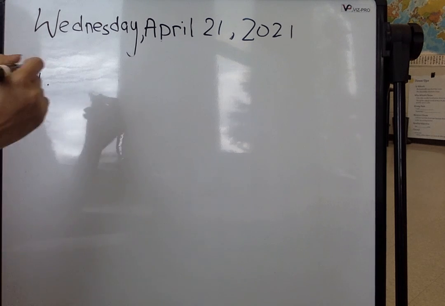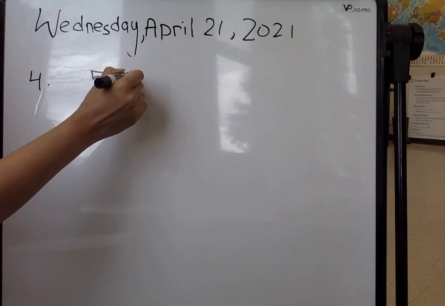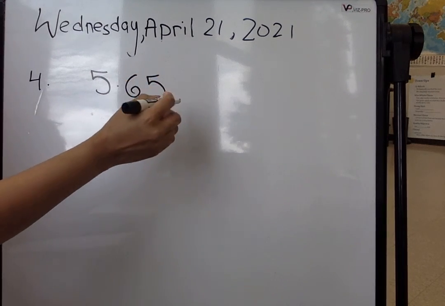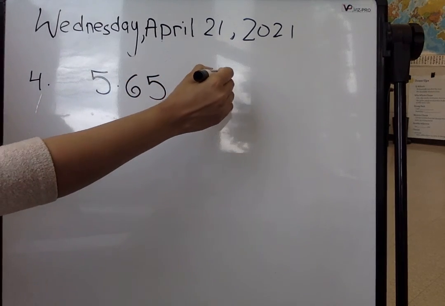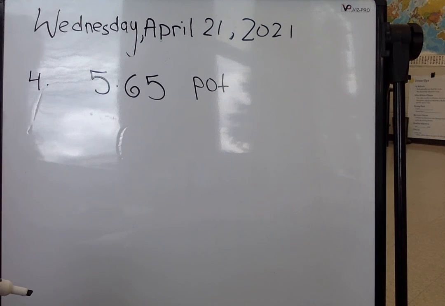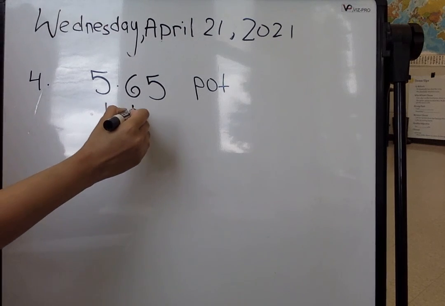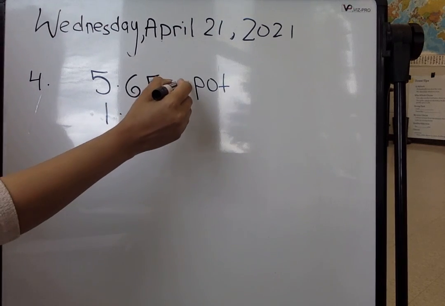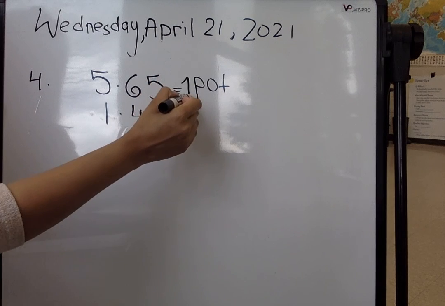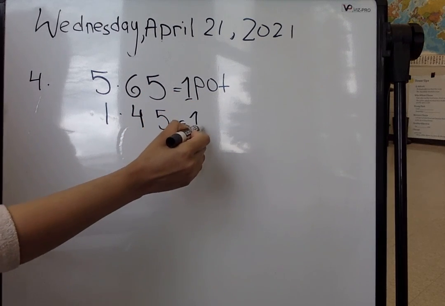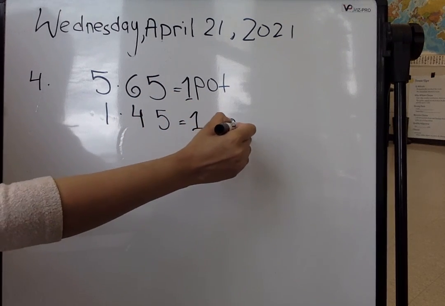So the pot was $5.65, right? That's the pot. How many plates did she buy? She bought 6 plates, and each plate was $1.45. So this equals 1 pot, this equals 1 plate.